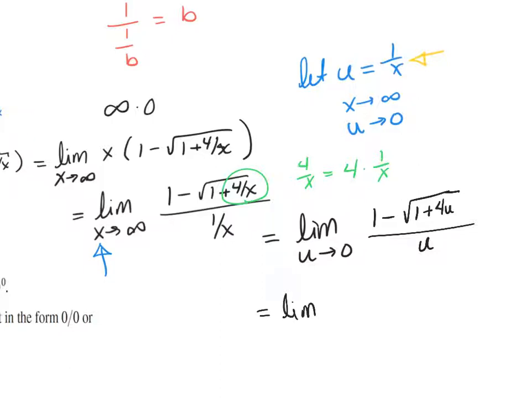So the limit as u goes to 0, when I do the derivative of the numerator, the derivative of 1 is 0, and then I'm going to have minus, because I'm going to do the derivative of the square root. I'm going to rewrite the square root as 1 plus 4u raised to the 1/2.